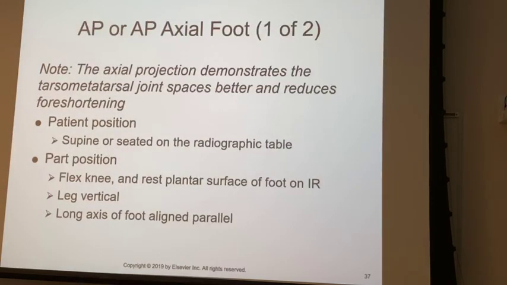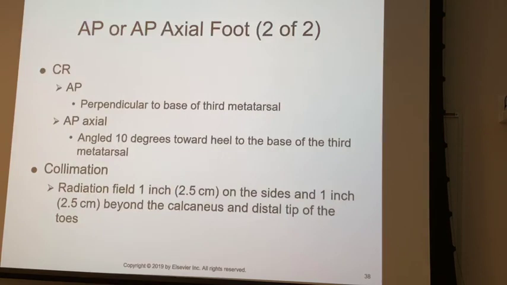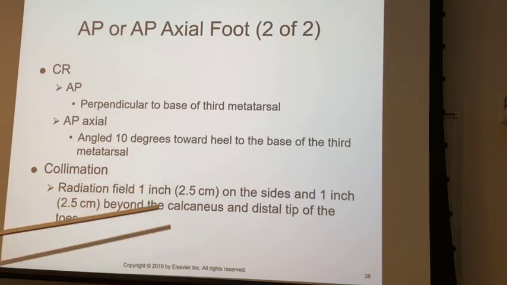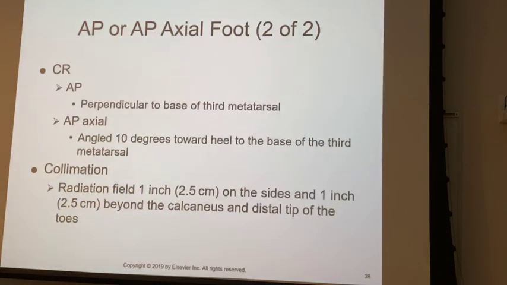So positioning is identical. You can do it on the table. The one notable difference between toes and feet is that on toes, we're going to angle 15 degrees. On feet, we're going to angle 10 degrees. Okay? So that's the only real difference, 10 degrees as opposed to 15 degrees, and it's just central ray location and collimation.